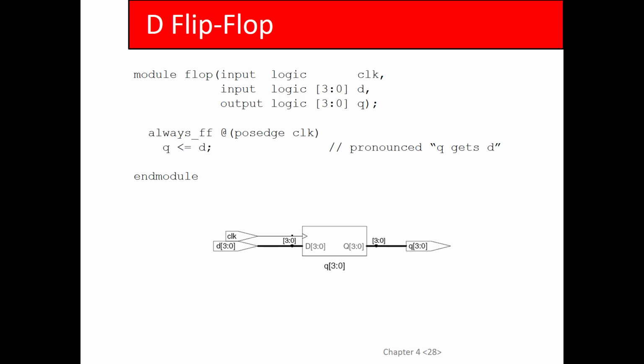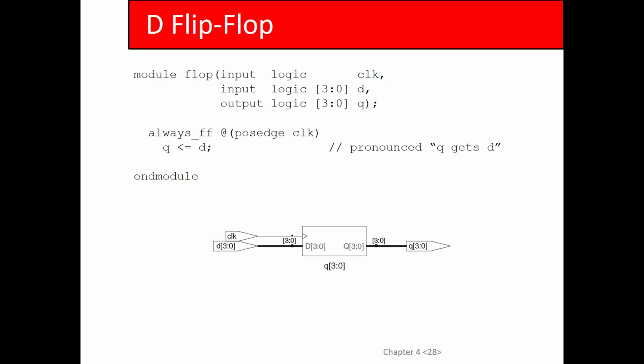Also mentioned, you should use non-blocking assignment statements in a sequential always. You don't have to, though. You should. It's a convention. But sometimes you might not want to. Sometimes you might want to put blocking. Sorry, this is non-blocking.